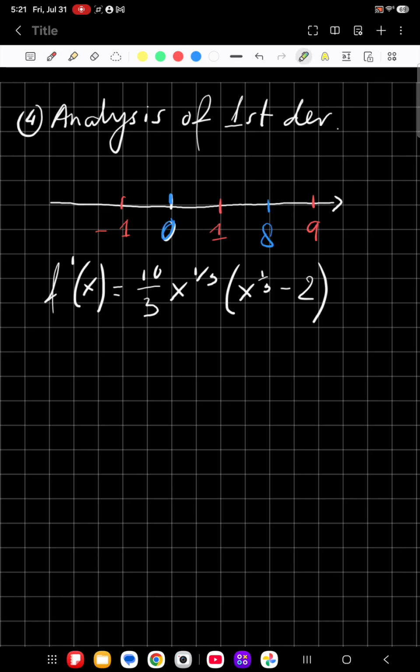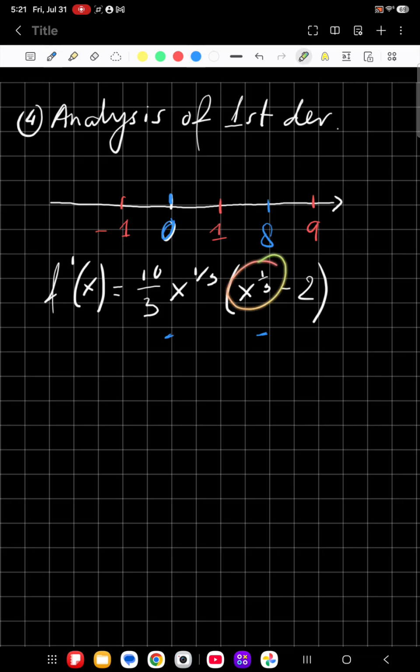Okay, so what do we have for -1? For -1, so cube root of -1, right? So I'm looking at this, it is -1, so this is going to be negative, and now this part is going to be also negative, because I have again cube root of -1, right?